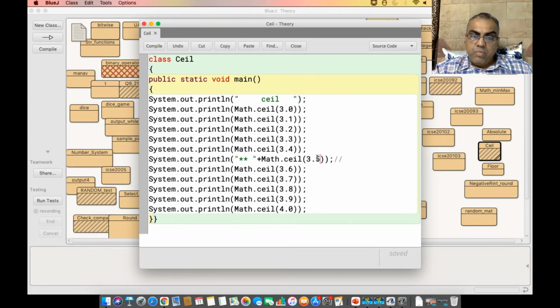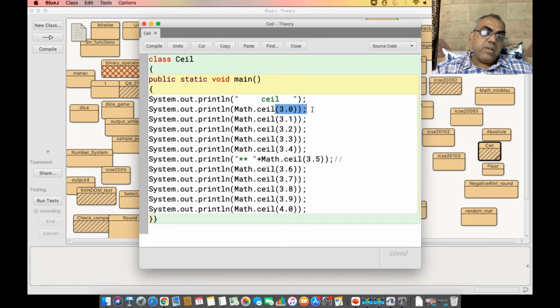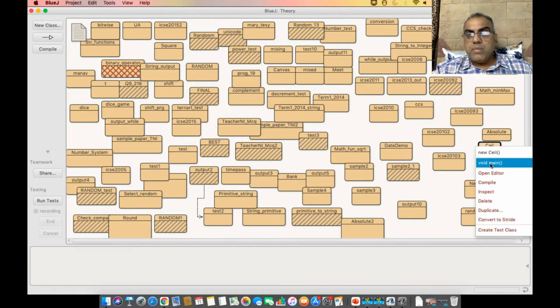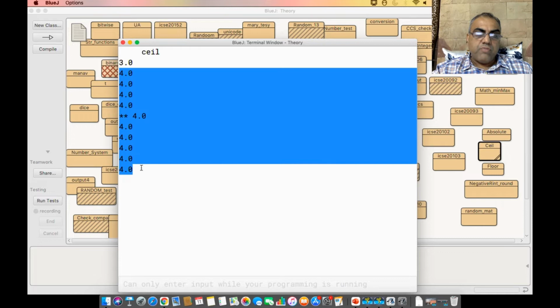If it is 5 or more, ceil will go, or no, sorry, not 5 or more, anything above 0 is going to convert everything to the higher side. So this all will give me 4, or 4.0 rather. Only 3.0 will remain 3.0 and 4.0 will remain 4.0, but all of them will go to the ceil, the higher side, 4.0. If I run this program, except the first one, everything else is converted into 4.0.